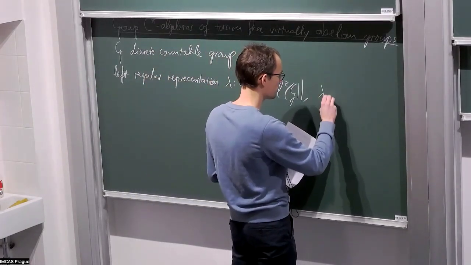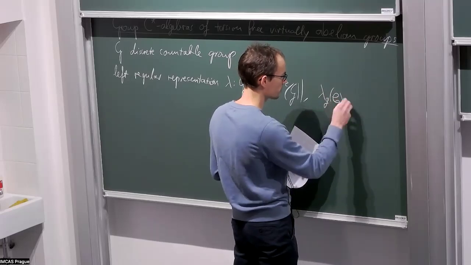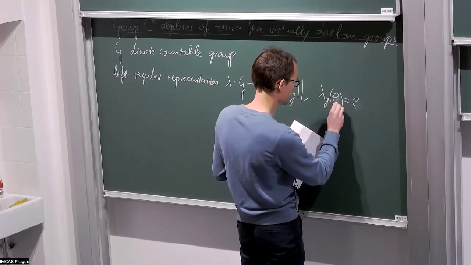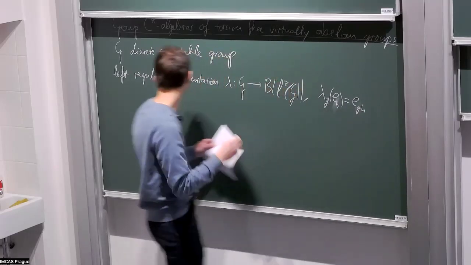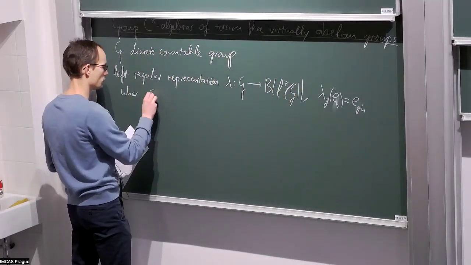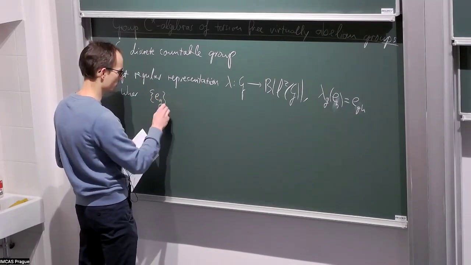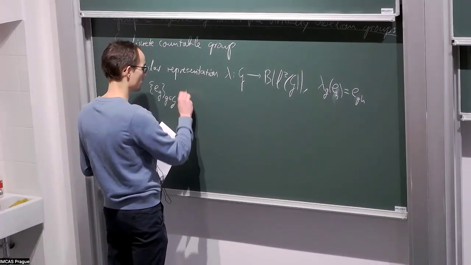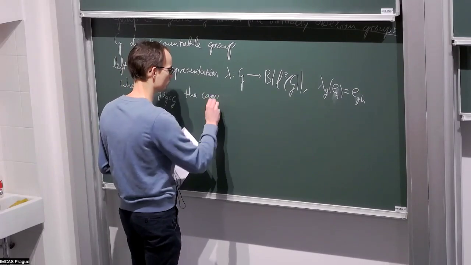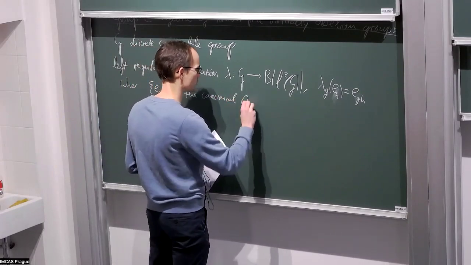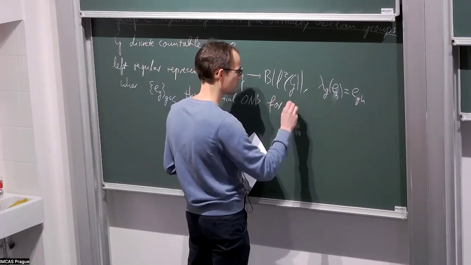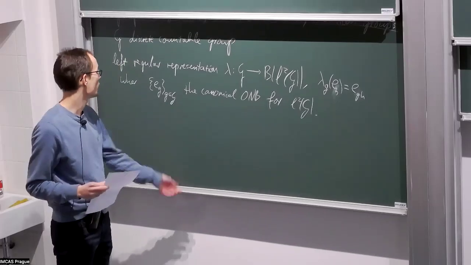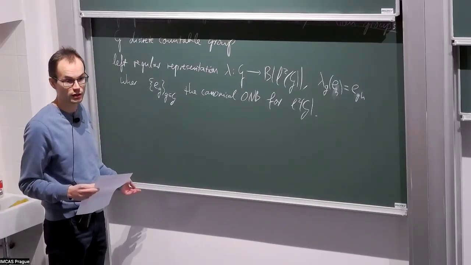Lambda G sends e_h to e_{gh}, where the e_g form the canonical orthonormal basis for L2 of G. That's the usual left regular representation.